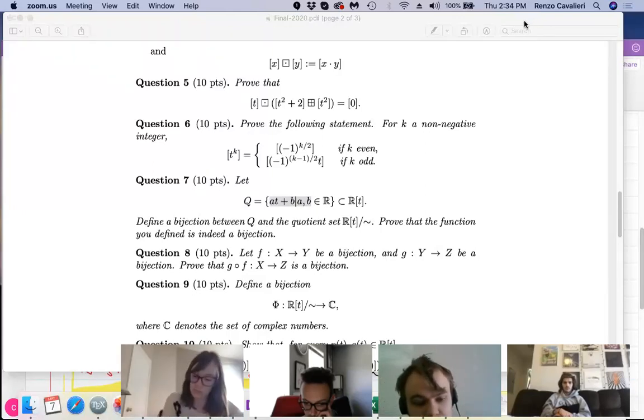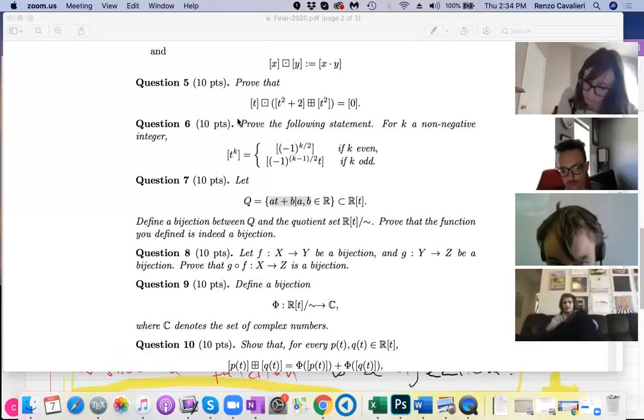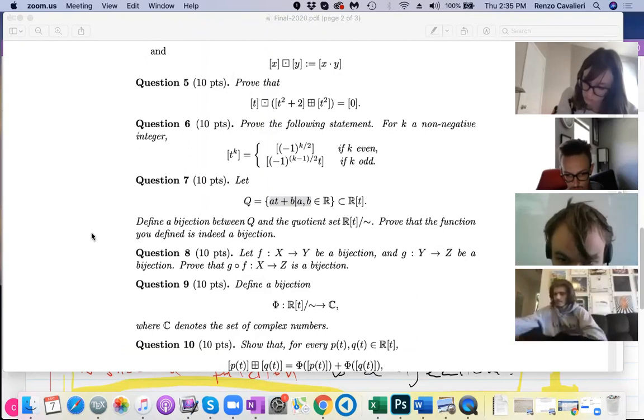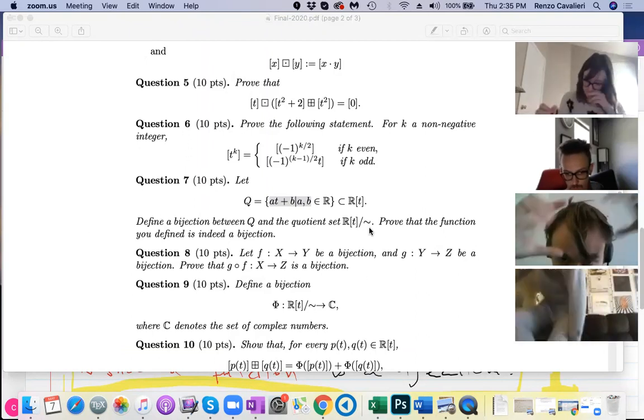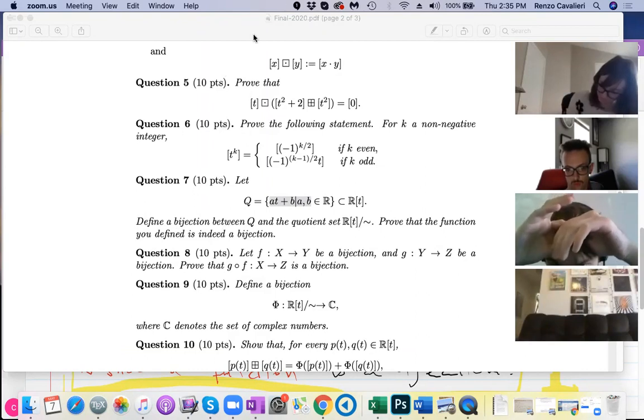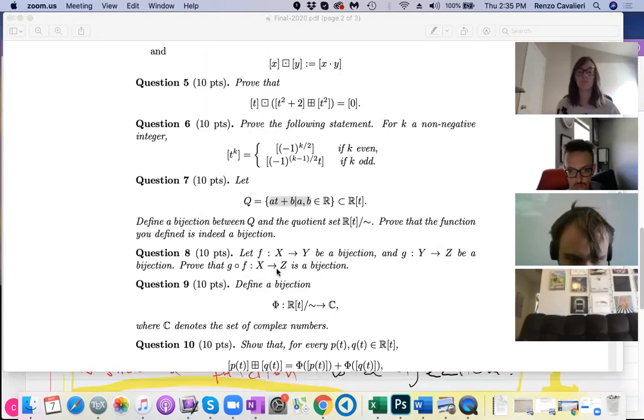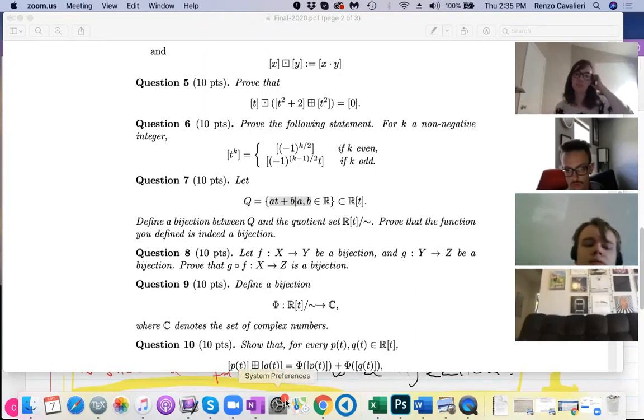All right. Let me again just comment on a couple of things. Question 8 is not specifically about this problem. It's a question about theory that we've done in units 6 or 7. It's just about remembering that if you have two functions that are bijective, then their composition is a bijection.